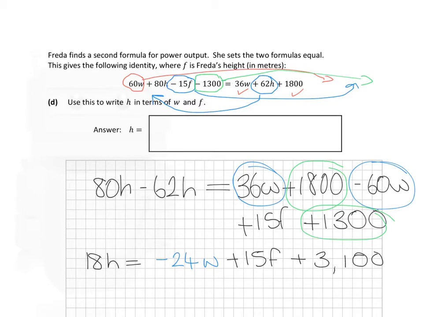Okay, now I want to get what 1H is, so I have to divide everything by 18. So all of this needs to be divided by 18 and they'll cancel off. So I'll just end up with H is equal to minus 24W plus 15F plus 3100 all over 18. So that is my answer.